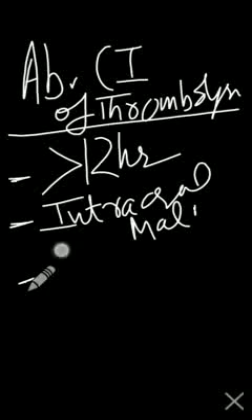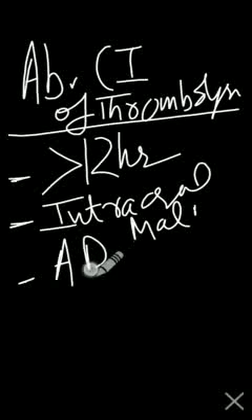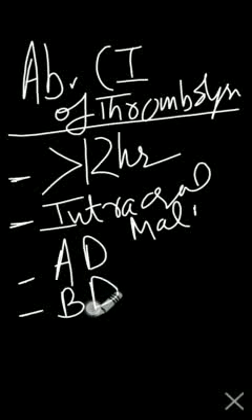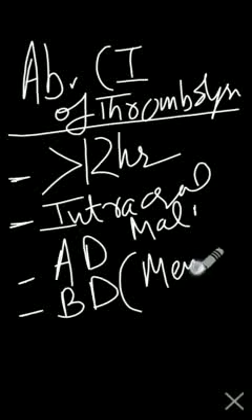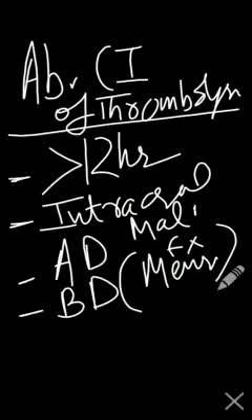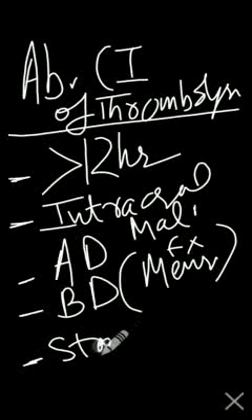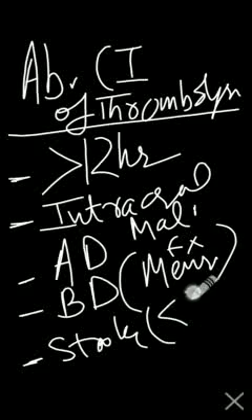If there is aortic dissection, you can't thrombolize. If there is bleeding diathesis, excluding menses, you cannot thrombolize. Then if there is a history of stroke within a period of less than 3 months, you cannot thrombolize the patient.